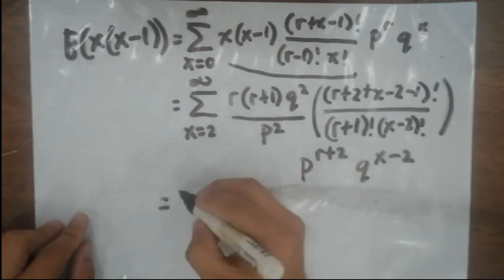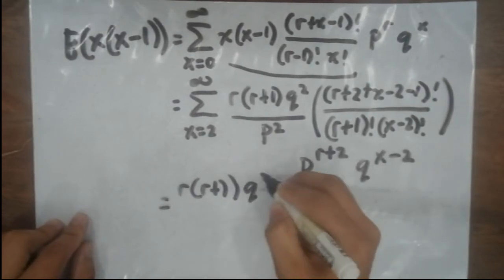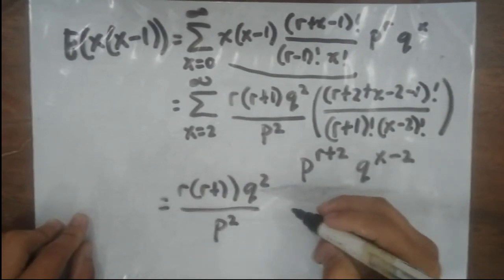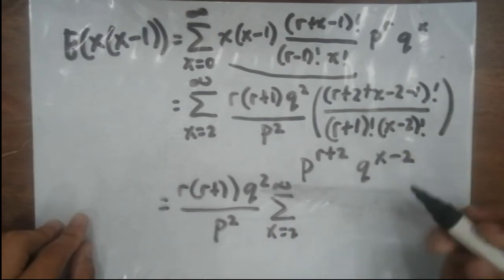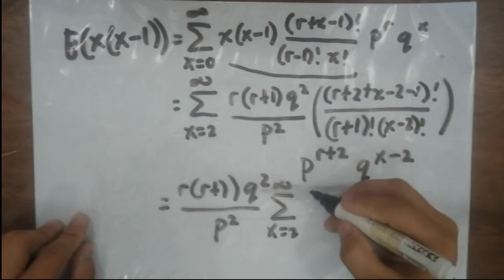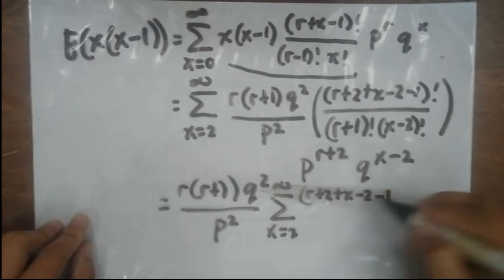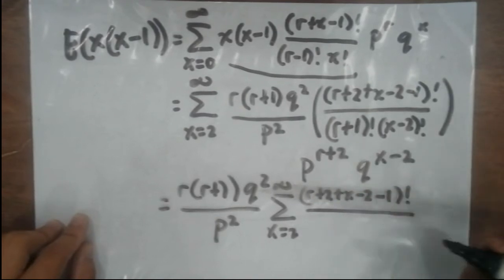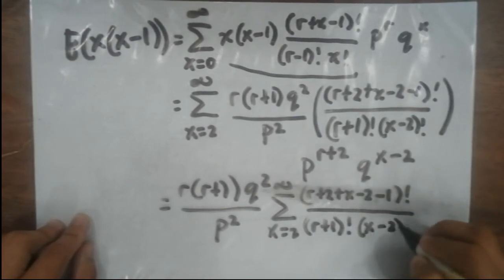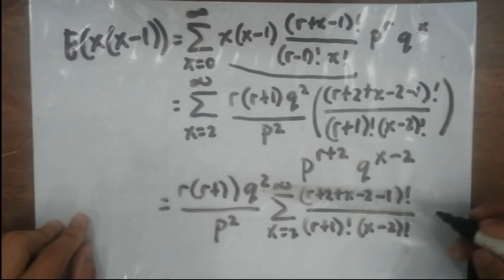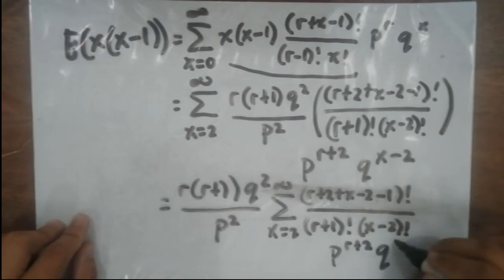And then it is equal to r times r plus 1 times q squared over p squared, times the summation of r plus 2 plus x minus 2 minus 1 over r plus 1 factorial x minus 2 factorial, times p raised to r plus 2 times q raised to x minus 2.